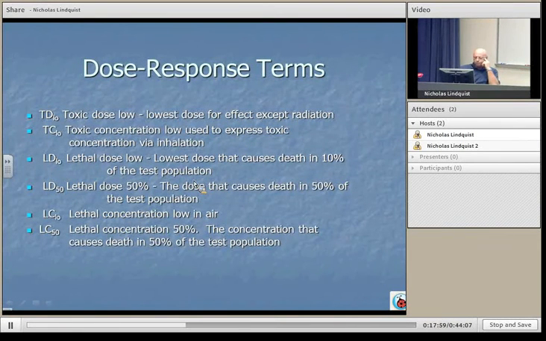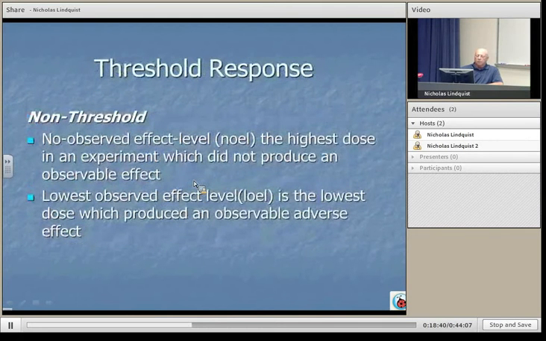So again, to review some of the other dose response terms, you can have TD low and TC low. That's your toxic dose low, which is the lowest dose for a compound that will show a toxic effect with the exclusion of radiation, or the lowest concentration to express a toxic effect via inhalation. You could have the LD low, the lethal dose 50, or lethal concentration low, lowest concentration in air, and lowest concentration that will kill 50%.